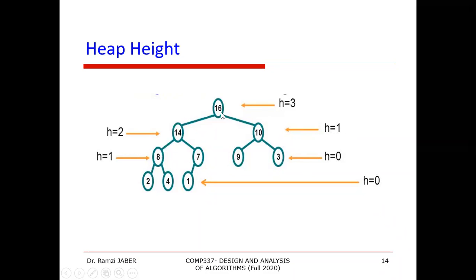But we cannot say the root's height is 2, because 3 is bigger than 2, so we take the maximum height between left and right. So the heap height is the maximum height between left and right. You got it? Okay.